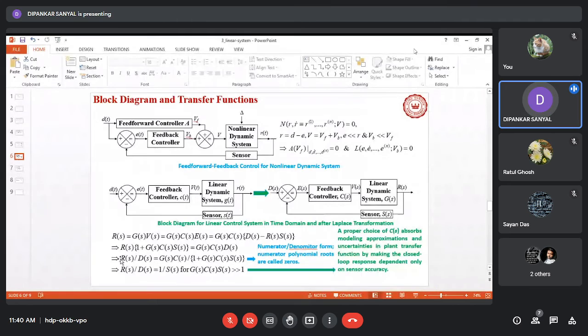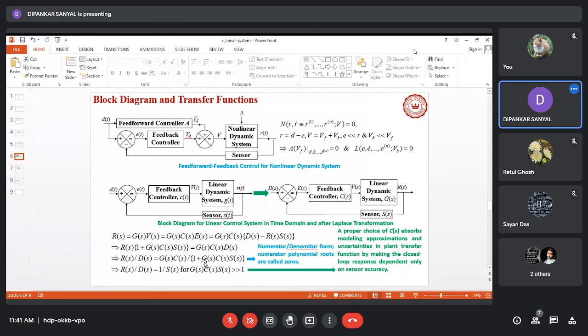So as I have told, the transfer function is the ratio of output by input. So R(s) by D(s) becomes this particular form, and in this form, if G(s) C(s) S(s) has an amplitude well beyond 1, then we can drop this 1 in relation to this.